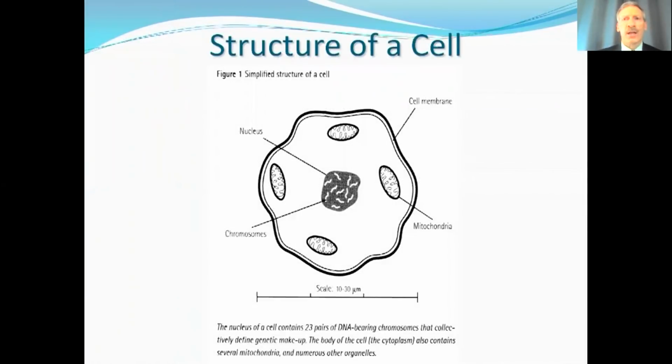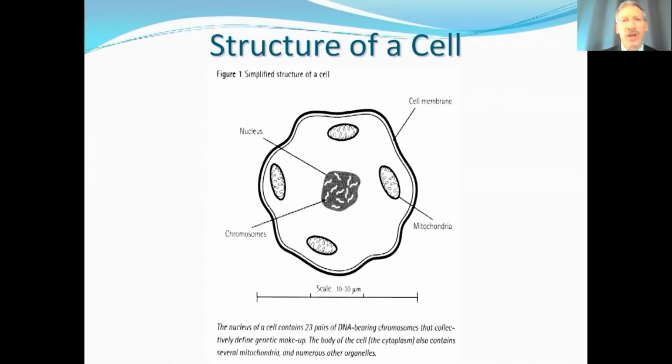The first thing I'd like to talk about is the structure of a cell and where we get our DNA. Our bodies are made up of trillions of cells, and these cells all have a nucleus inside of them, which has our autosomal DNA and also our X chromosome and our Y chromosomes, depending on our sex.